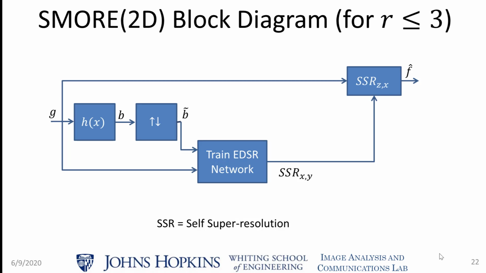We need to introduce those, so you do that by sampling and then downsampling and then upsampling again to produce B tilde, which has both lower resolution and aliasing artifacts. We can then train the EDSR algorithm to produce a regression.